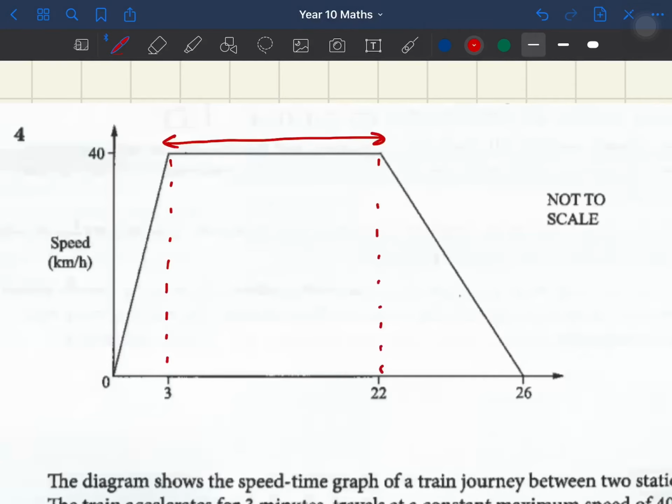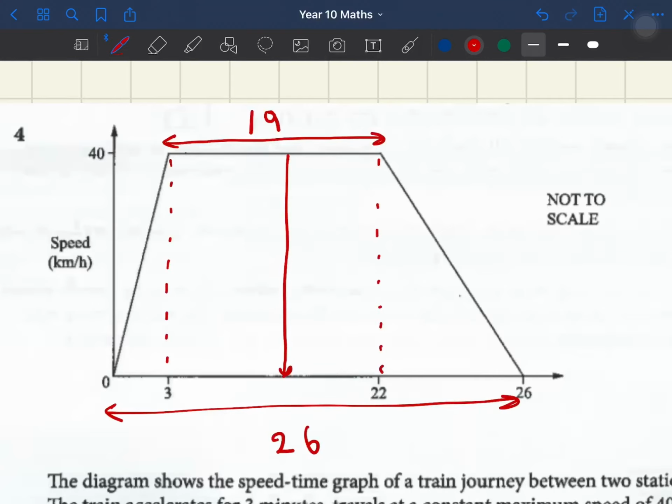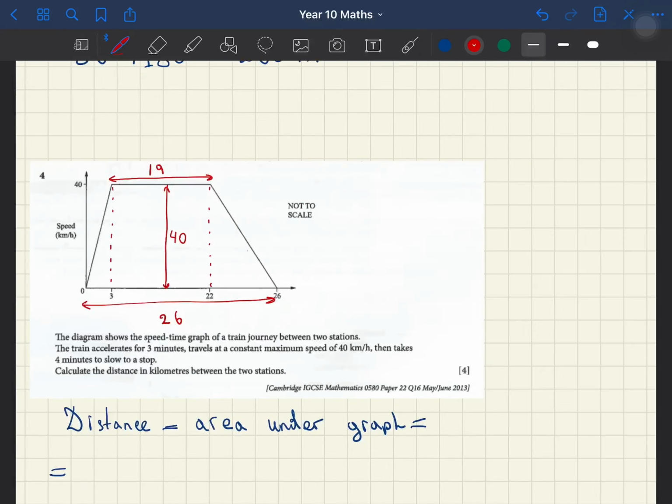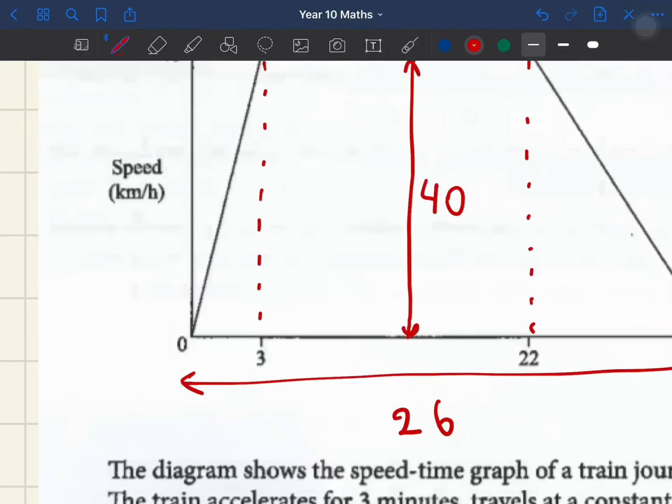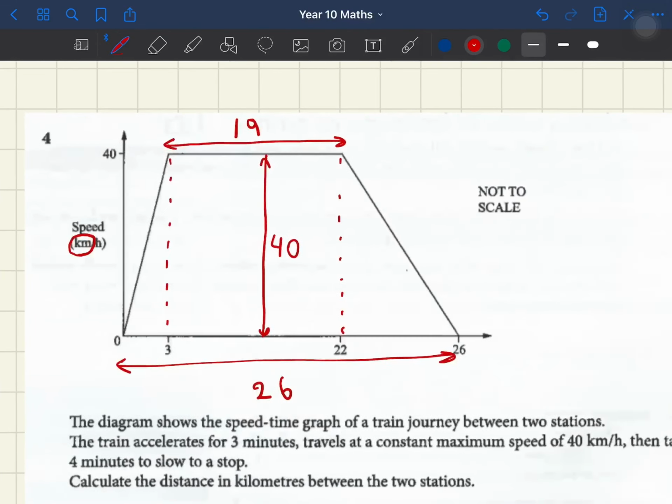So the total size of this side is 19. As for the base, the size of the base is 26. And the height is 40. Don't forget we use kilometers, so the distance is going to be in kilometers.